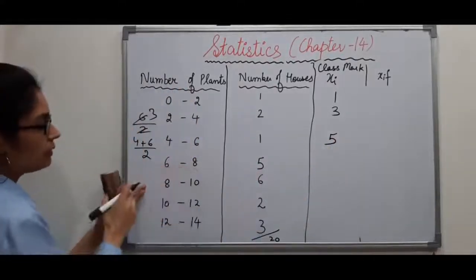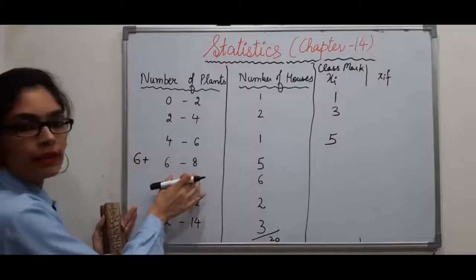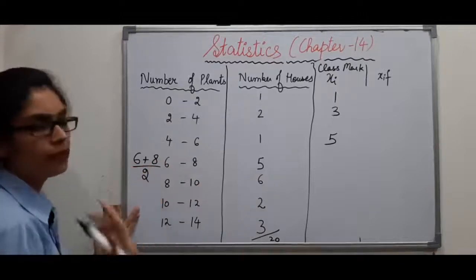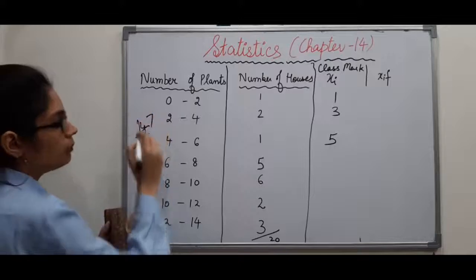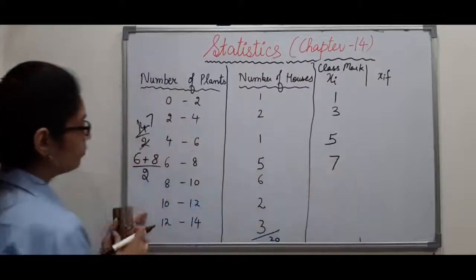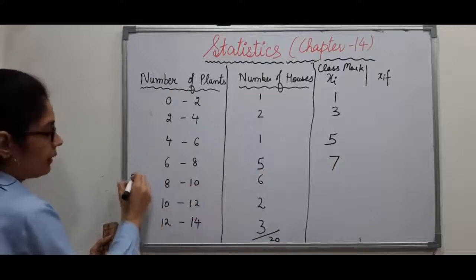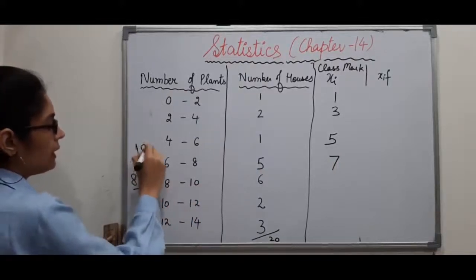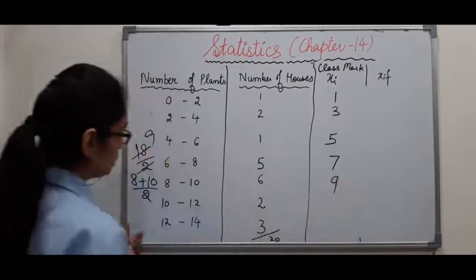Then 6 plus 8 is 14, 14 divided by 2 is 7. Then 8 plus 10 is 18, divided by 2 is 9.